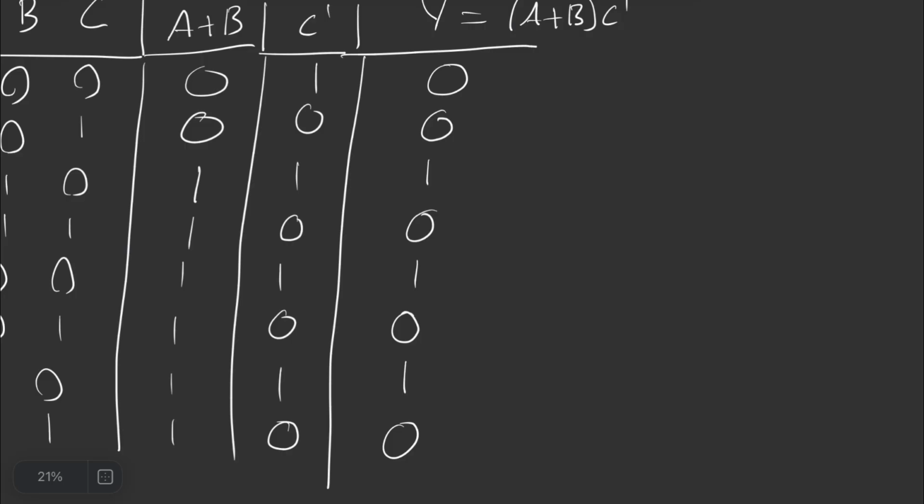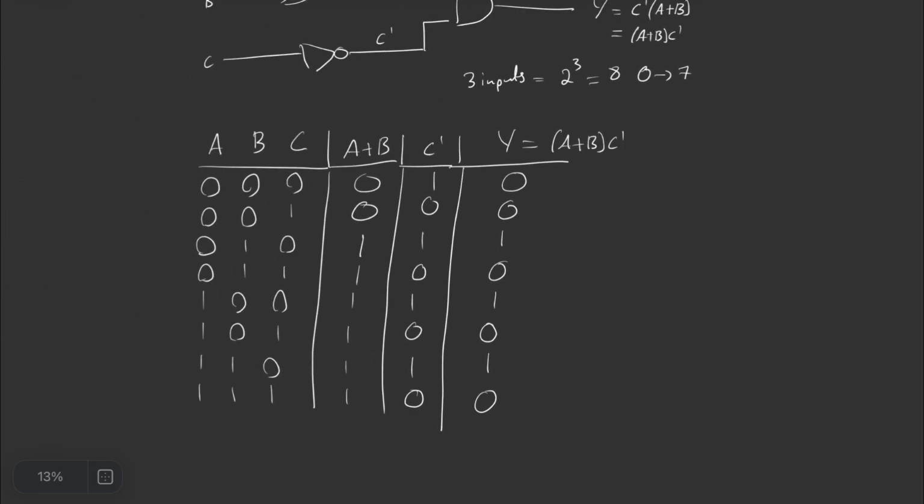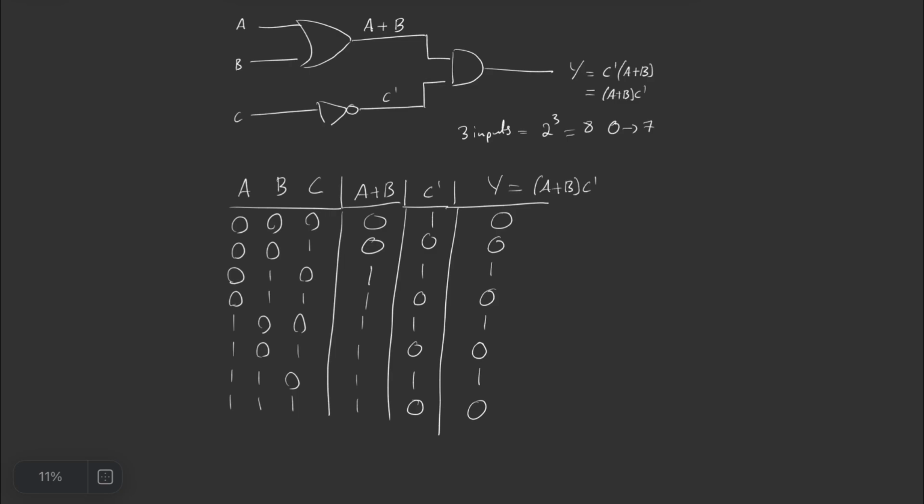And this is the correct truth table for this binary circuit. So all I'm going to do next is do 2 example questions that are university level, and then that will be it.